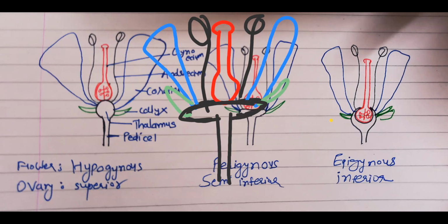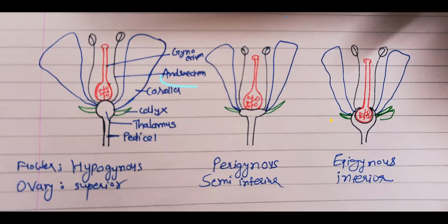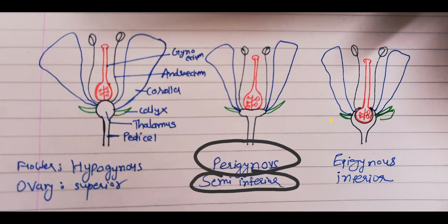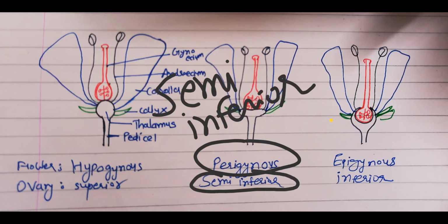So remember, this type of flower we call perigynous, and the position of the ovary we call semi-inferior. And the shape of the thalamus is flat or disc shape, remember.